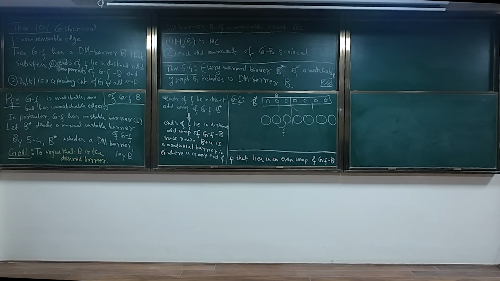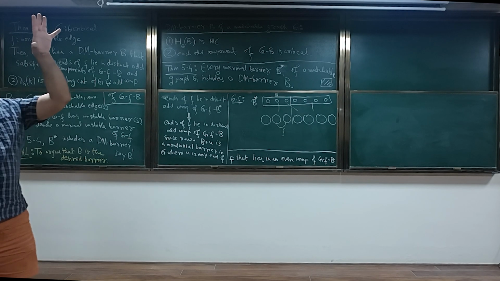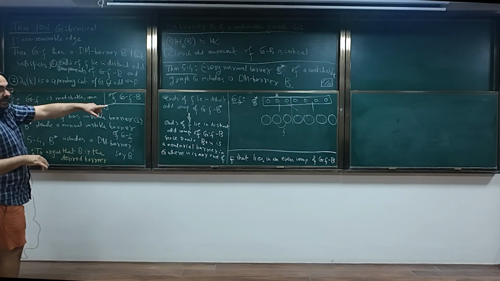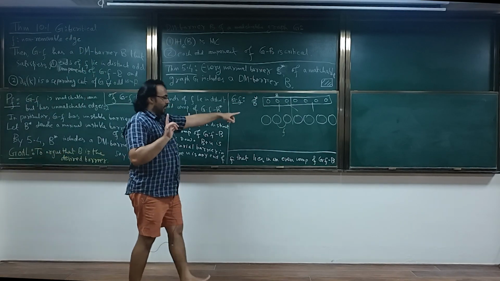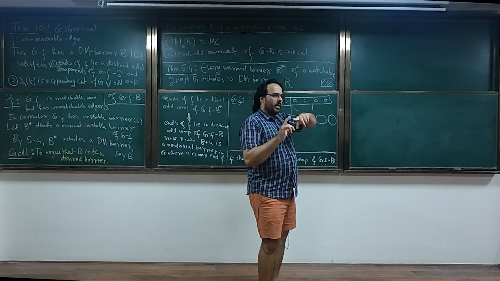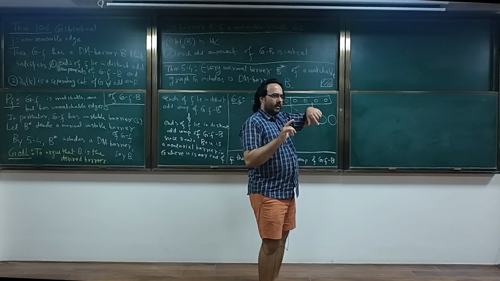Do you mean for every non-trivial barrier? For any non-trivial barrier of G minus F, but of course what we did not know is that it is actually non-trivial. But actually for any barrier, right?